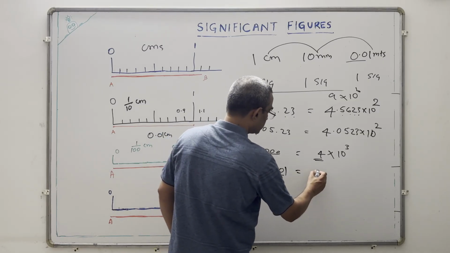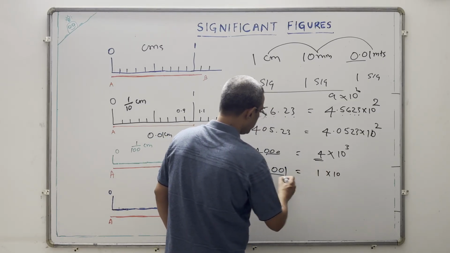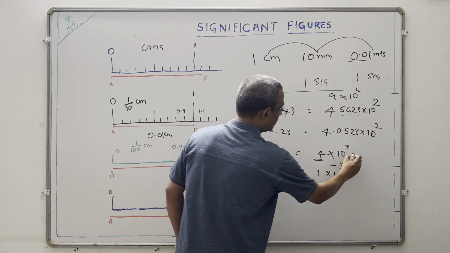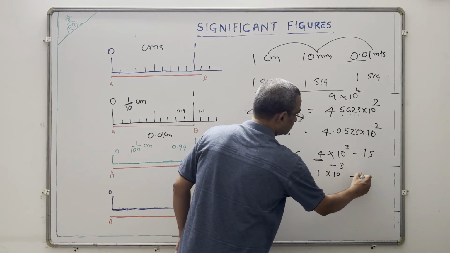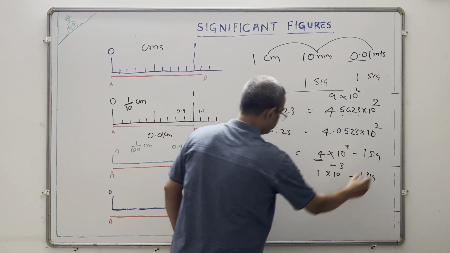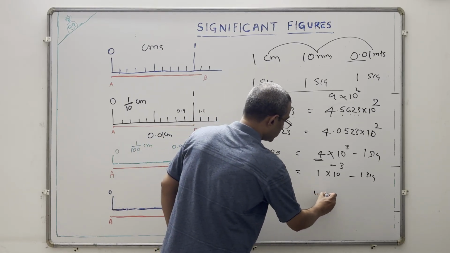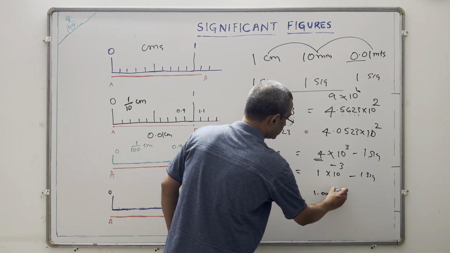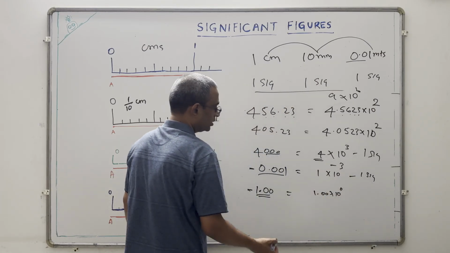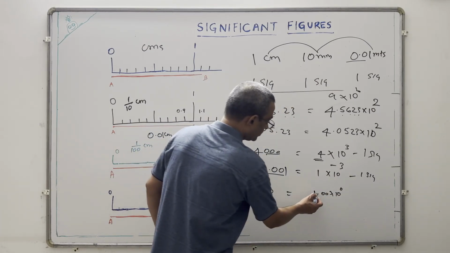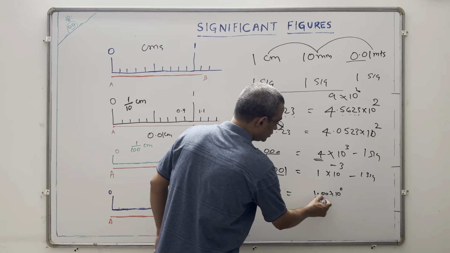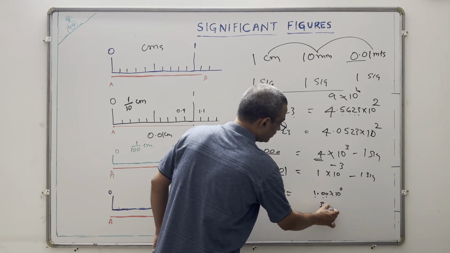This one is 1 into 10 to the power of minus 3. Again, one significant figure. And this is 1.00 into 10 to the power of 0. So here, because there is a decimal, we have 1, 2, 3 significant figures.